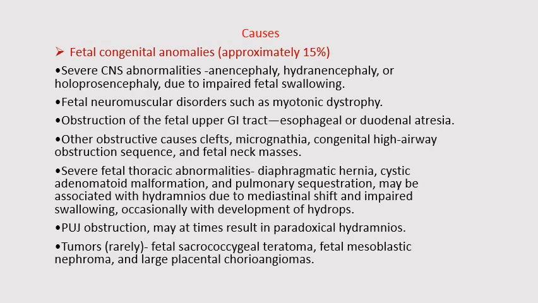Causes include fetal congenital anomalies, mainly severe CNS abnormalities like anencephaly, hydranencephaly or holoprosencephaly, all of which lead to impaired fetal swallowing. It may be related to fetal neuromuscular disorders, obstruction of the fetal upper GI tract like esophageal or duodenal atresia, which again impairs the fetal swallowing.